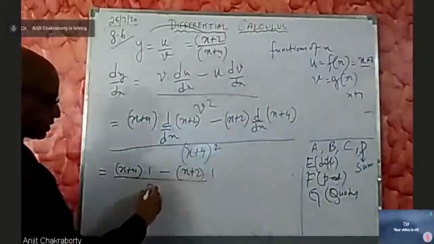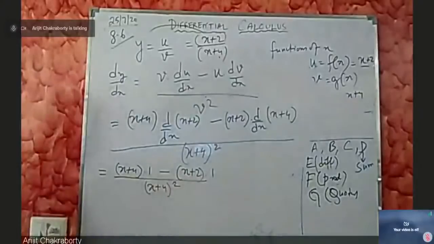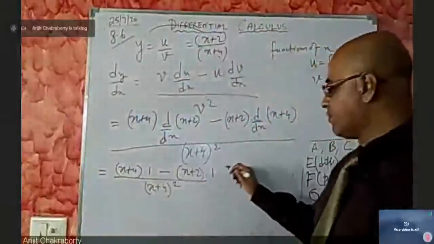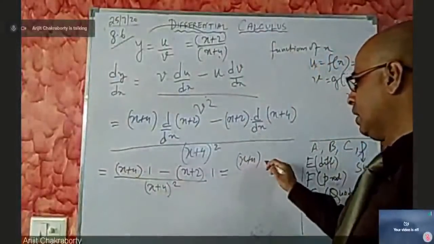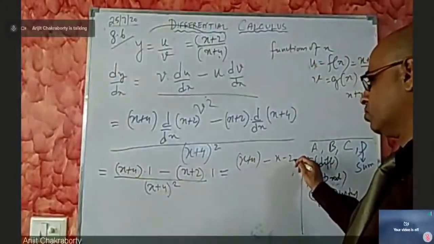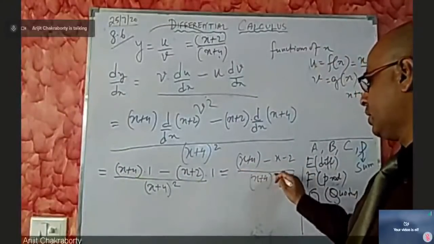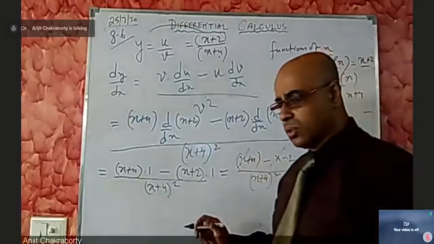Divided by x plus 4 whole square. Okay, so this, when simplified further, gives us x plus 4 minus x minus 2 by x plus 4 whole square. So x and x cancels out. 4 minus 2 is 2.